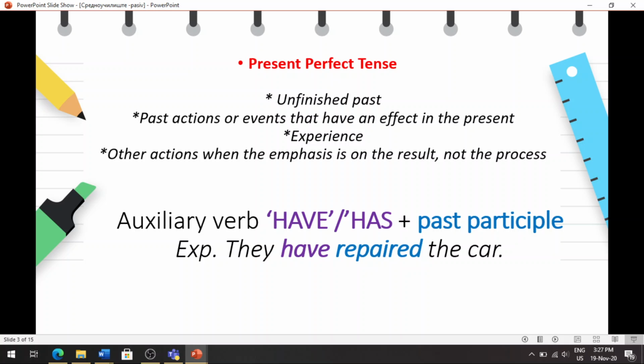How do we form present perfect tense? It is formed with the auxiliary verb have or has plus the past participle form of the verb. For example, they have repaired the car.